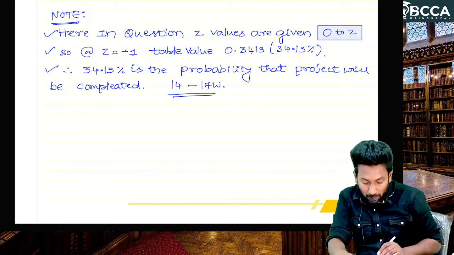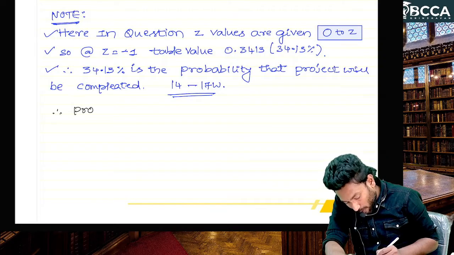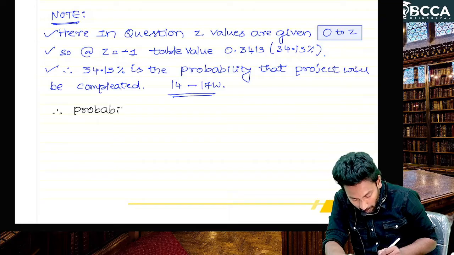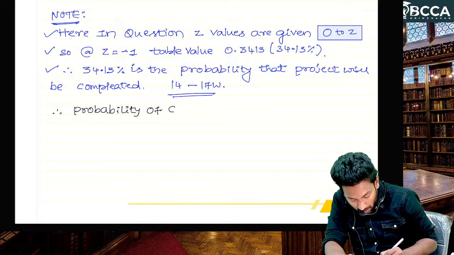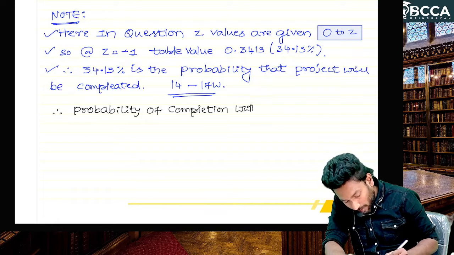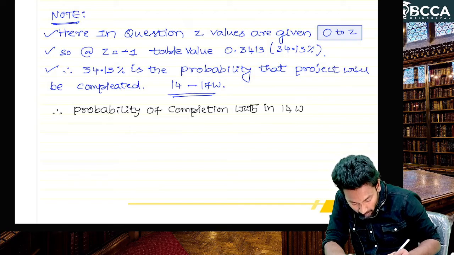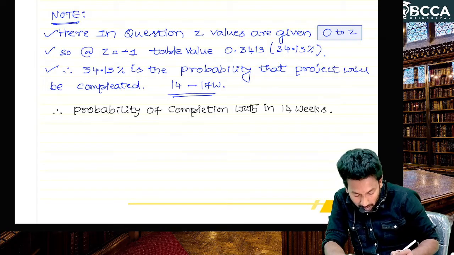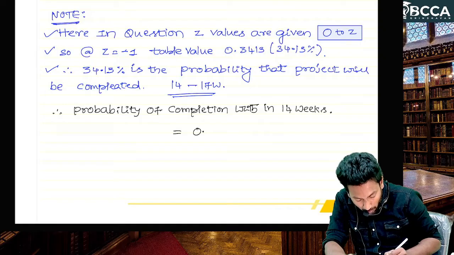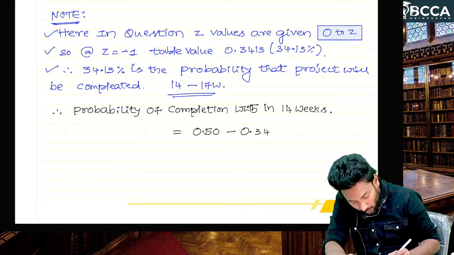But now what meaning do we require? Therefore probability of completion within 14 weeks is equal to 0.50 minus 0.3413.